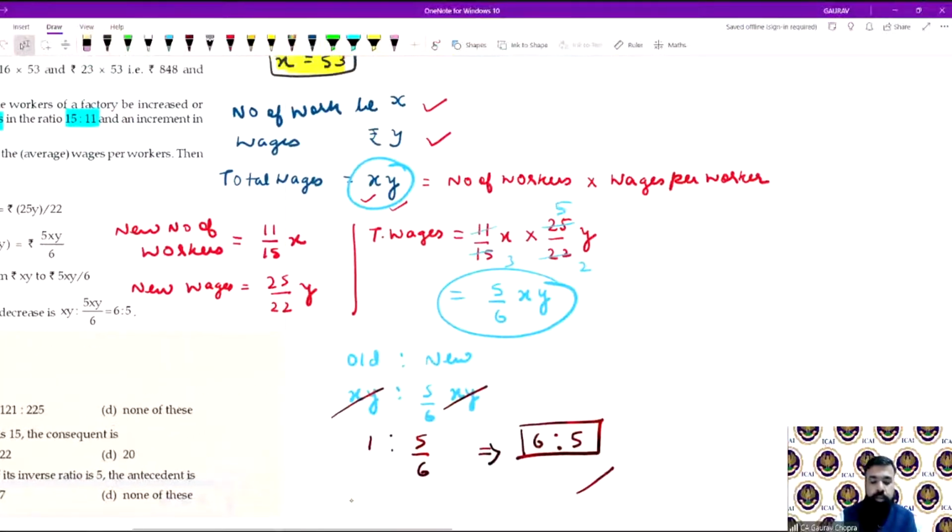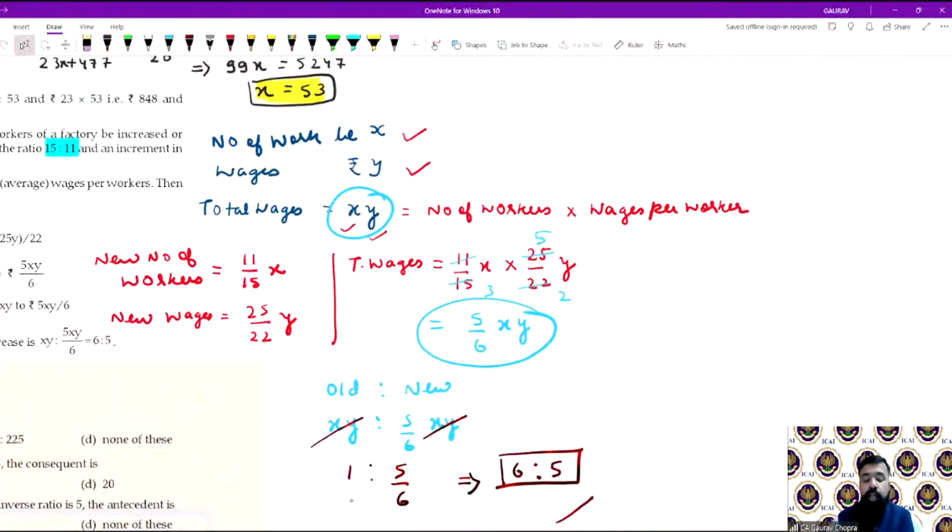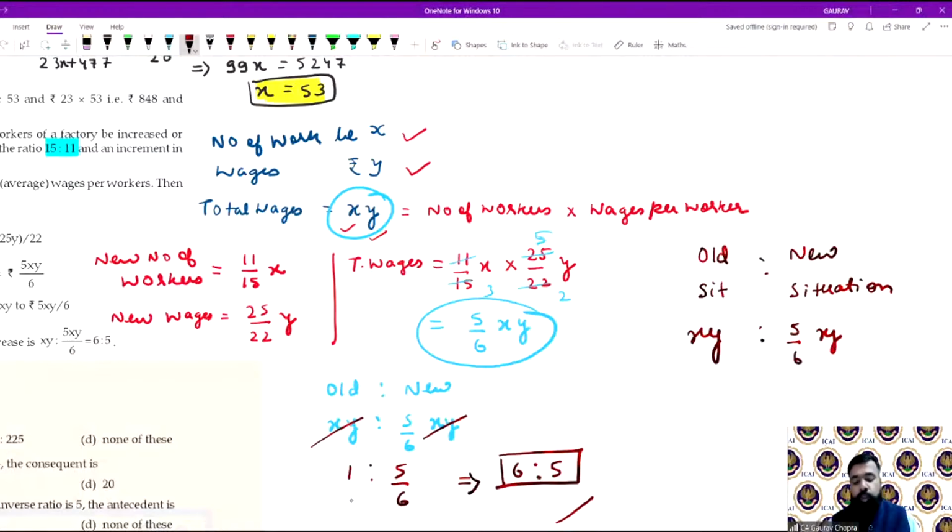Okay. So in the last part, what did we simply do? We compared the old situation with the new situation. Earlier the wages were XY, and now the wages are 5 by 6 XY.